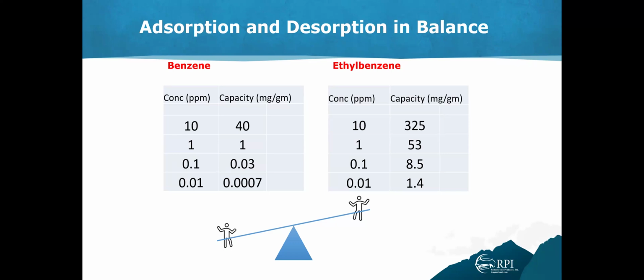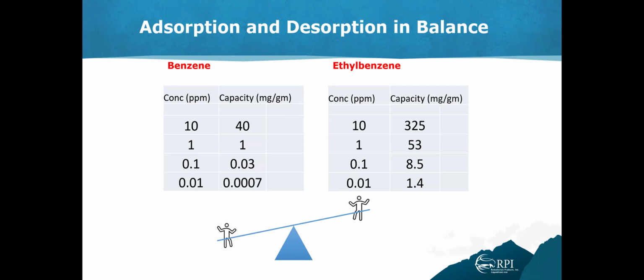If you have a concentration, and you can see this on the left side table, if you have a concentration of 10 parts per million of benzene, the capacity of the carbon is 40 milligrams per gram. If your concentration in the groundwater is 1 part per million, then your capacity on the activated carbon is 1 milligram per gram.